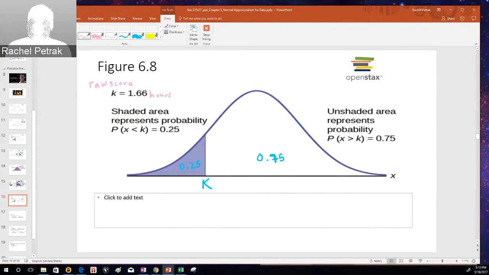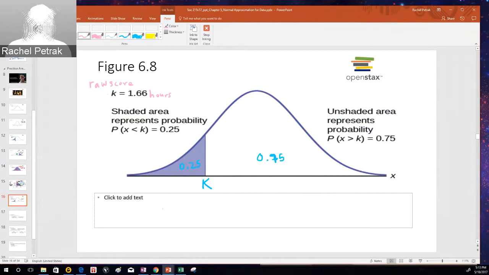Okay, so we could find the z-score for K here, 1.66, but we already practiced doing that, so let's assume we already found the z-score. Actually, we don't even need any calculations.